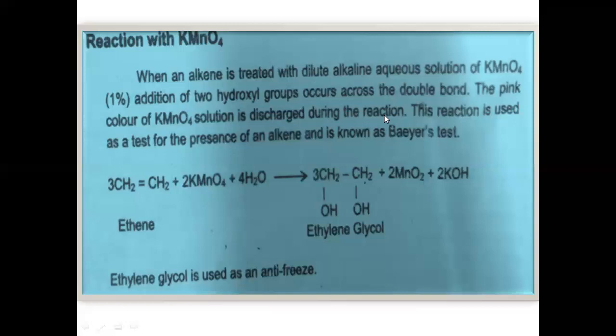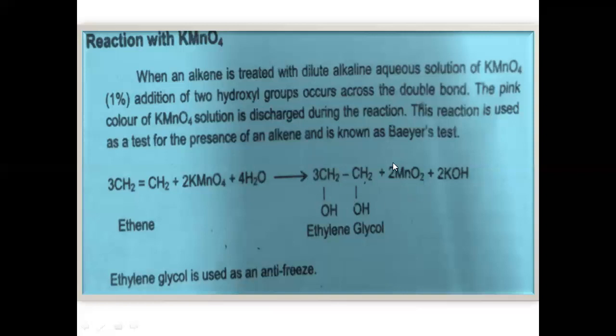So this decolorization of the pink color of potassium permanganate confirms that the given solution is an unsaturated hydrocarbon. You can see the reaction: alkene, when reacting with the dilute solution of potassium permanganate, will give ethylene glycol, which contains two hydroxyl groups, one attached to each carbon atom.